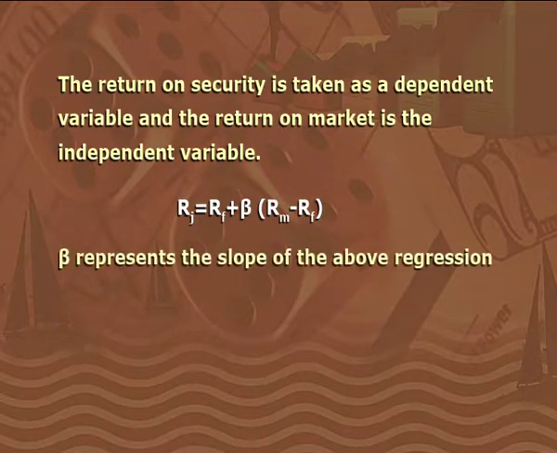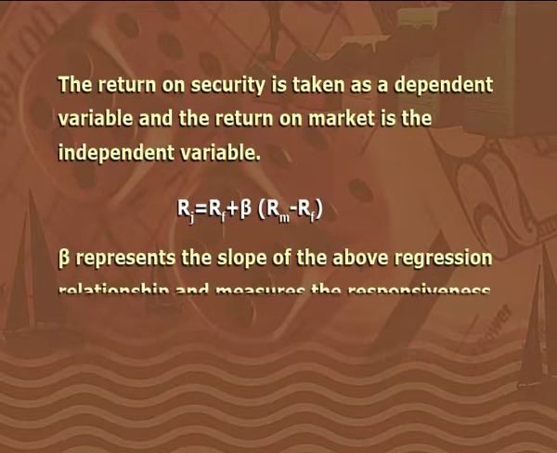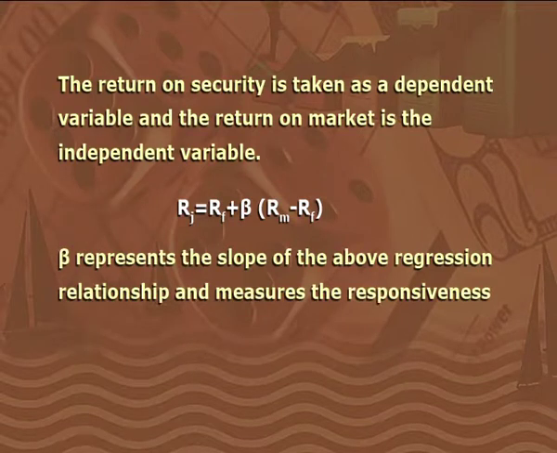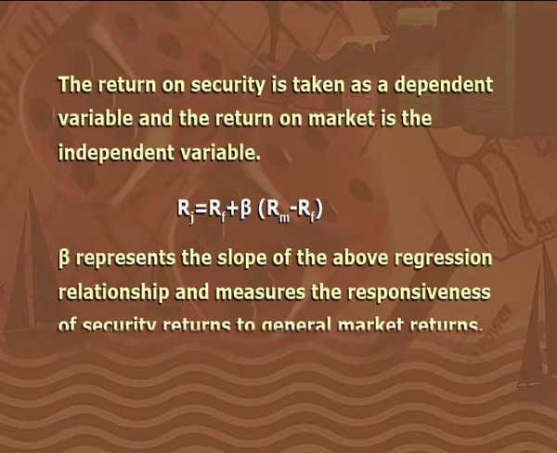Beta represents the slope of the above regression relationship and measures the responsiveness of security returns to general market returns. The beta of a portfolio is the total of the weighted average beta factors of each security in the portfolio. If there is a rise or fall in the return of the market portfolio, there should be a corresponding rise or fall in individual returns from a security.